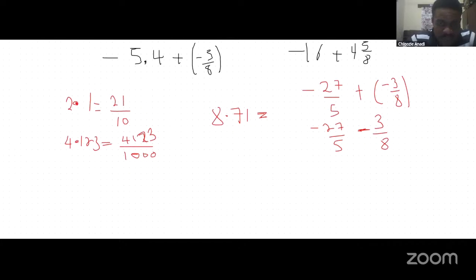You can convert that fraction to decimal and just add up to get your answer. Convert 3 over 8 to decimal, then add it up.